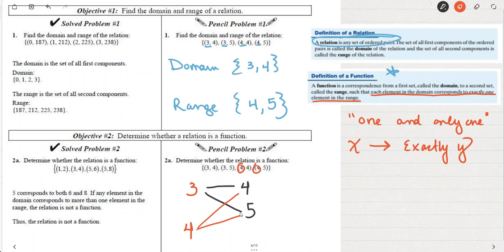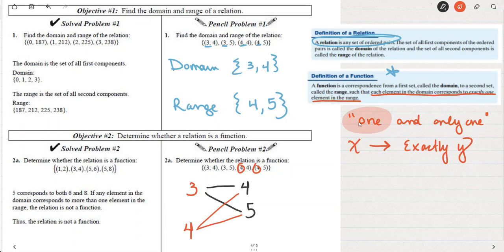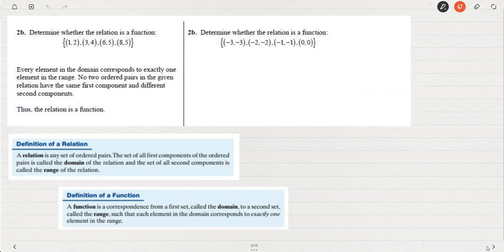Notice that we're okay with the first requirement of a function, that it's paired to one element in the range, so there's no x without a y. However, it falls apart with the only one because the 3 is paired to 2 elements in the range, and the 4 is paired to 2 elements in the range. So what we would say is that this is not a function. Let's look at another example.